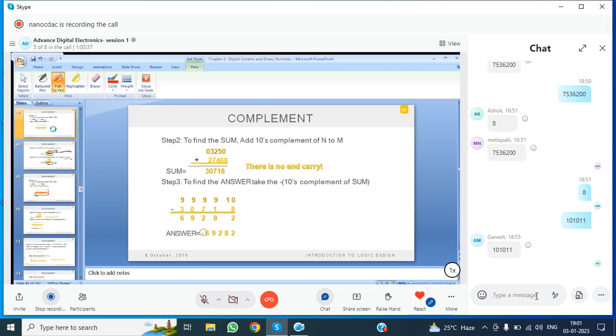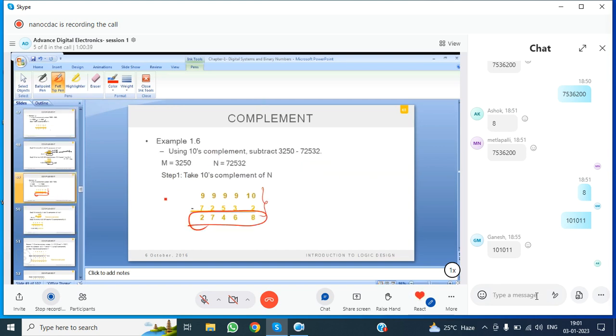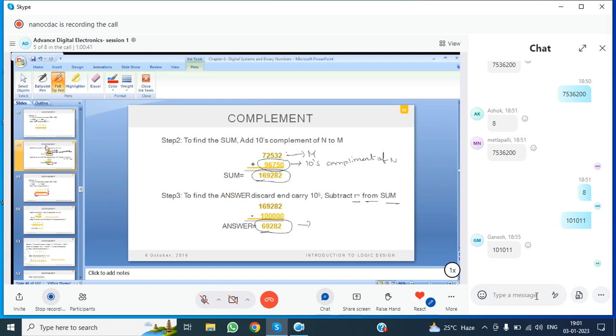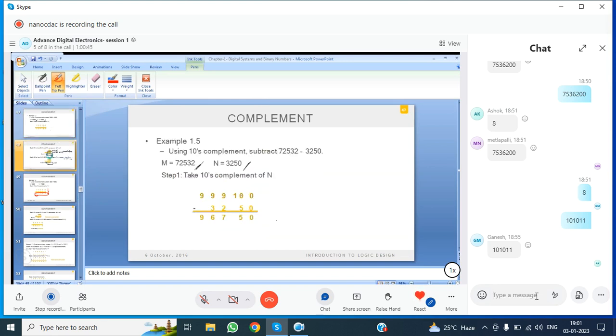This is the same example I showed. m and n are there, right? The tens complement of n you need to take.